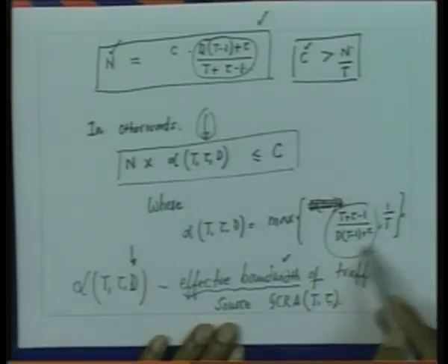So now let us come back again to the effective bandwidth of GCRA T, tau parameters that we had just determined, which is given by the max of (T plus tau minus 1) divided by D into (T minus 1 plus tau), and 1 by T. This is the effective bandwidth of the GCRA T, tau parameter.